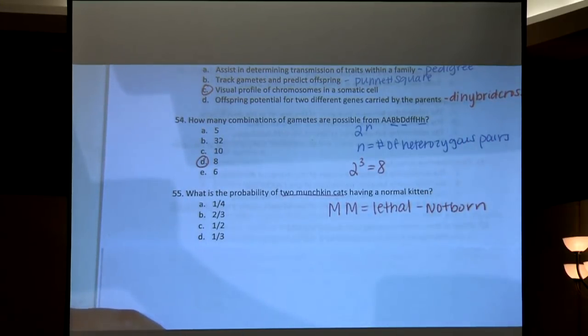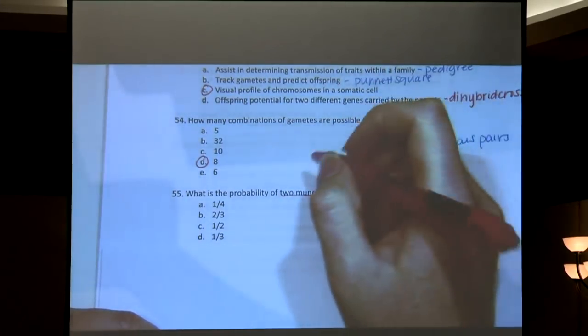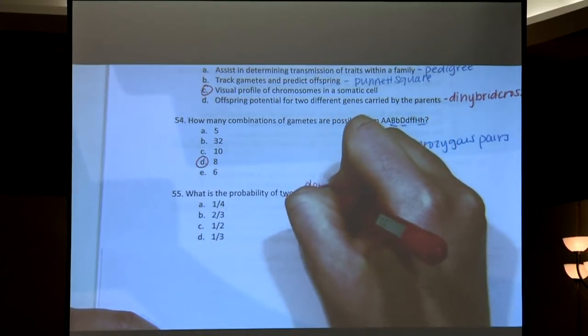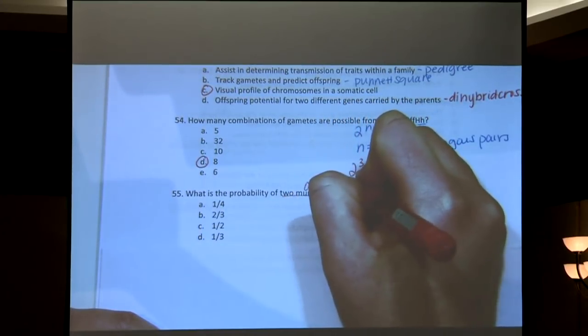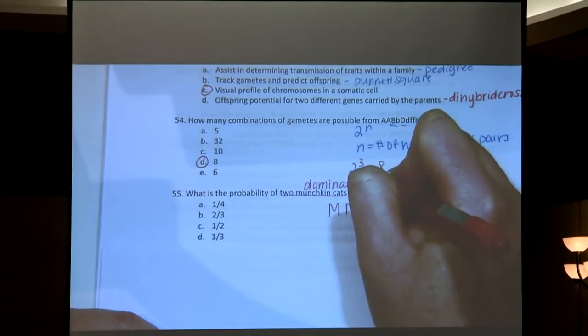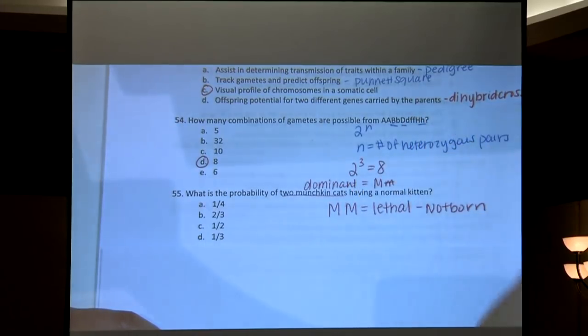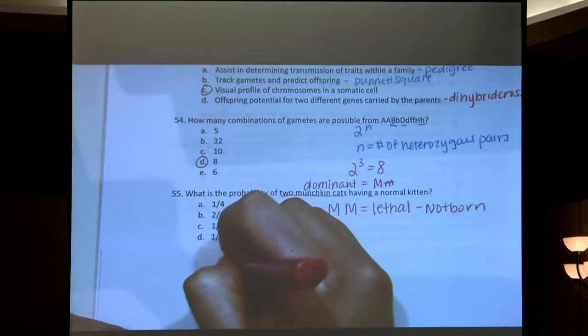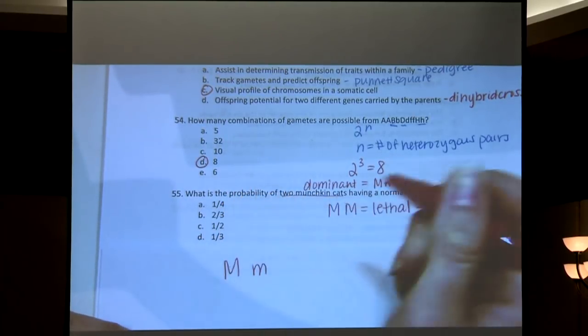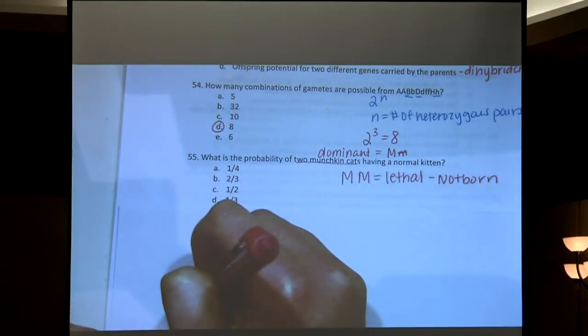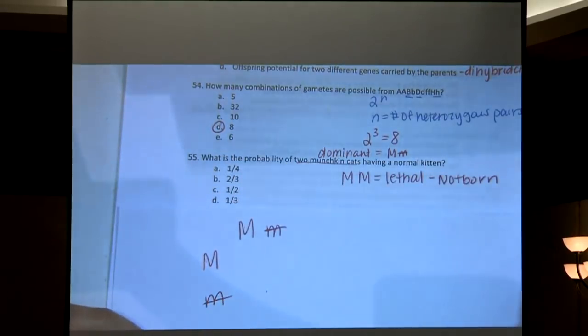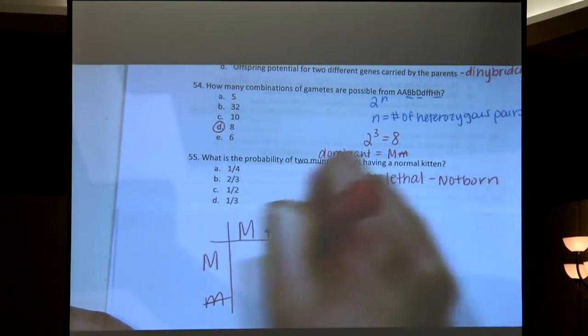So in the case of 2 Munchkin cats, the Munchkin trait is carried on the dominant allele, so all of these cats would have to be heterozygous. And so for this cross, we should have 2 heterozygotes crossing.